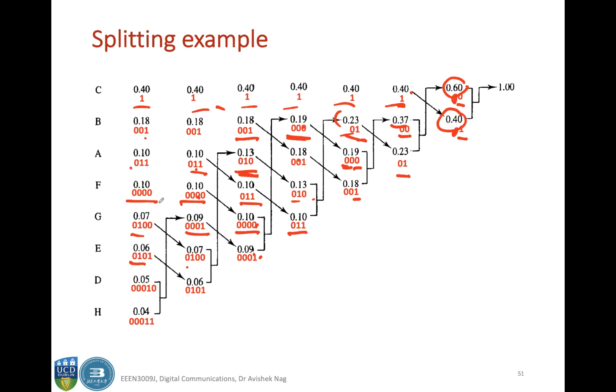So this is how you do the splitting, and then finally when the algorithm ends you are left with the corresponding code words in red that each of these symbols should have. You can see that the highest probability code word gets the lowest length, and the lowest probability code words get the highest length. In that way you design the code words using the Huffman coding algorithm.